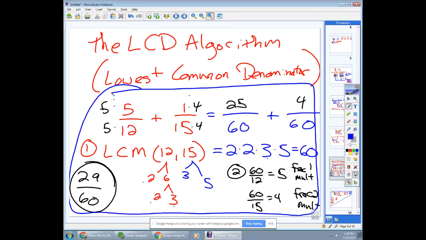There's pros and cons. Is finding the LCM easy? Sometimes, depends on the numbers. Yeah, this wasn't too bad. It was a little bit of work, but it wasn't too bad. And then after I found the LCM, I had to do a division and then a multiplication before I could add.